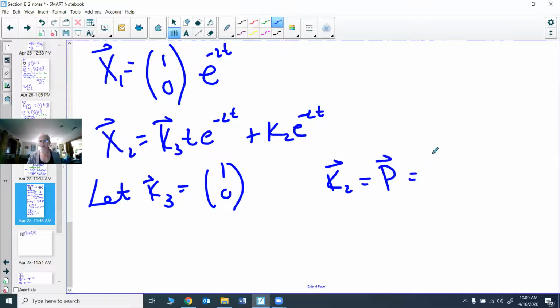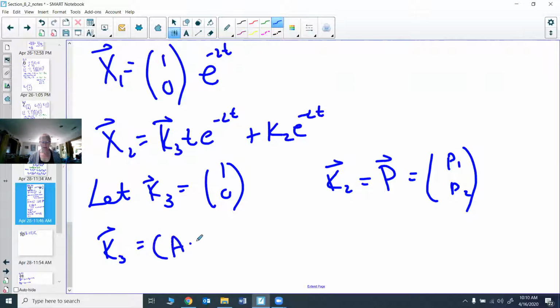So they call this P, and you're going to have P1, P2. So what we're going to have is that k3 is going to equal A minus lambda I, so A minus negative 2I, times k2.